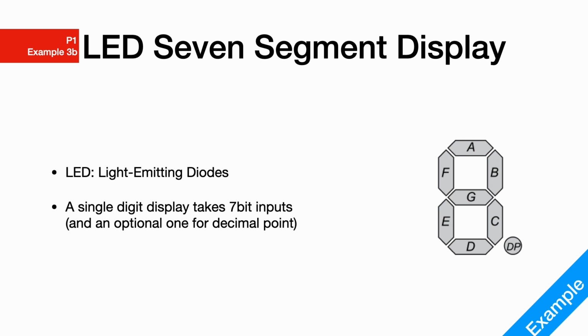You will commonly find this kind of a display on stuff like digital watches as well as elevators. It is essentially using an array of LED strips to display numbers. As you can see on the right hand side, this is the common formulation of such a 7-segment display.